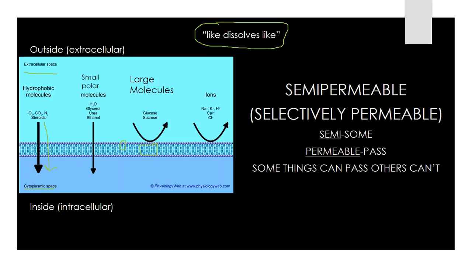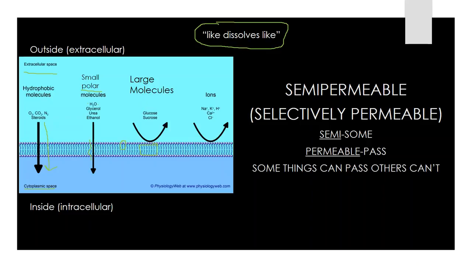Other things that can pass through are small, and I mean very small, polar molecules like water, glycerol, urea, and ethanol. And we're going to look at some particular things with water here in a little bit. But yes, they are very, very small, so they can just sneak past that hydrophobic region.